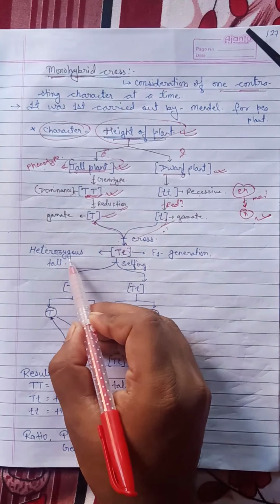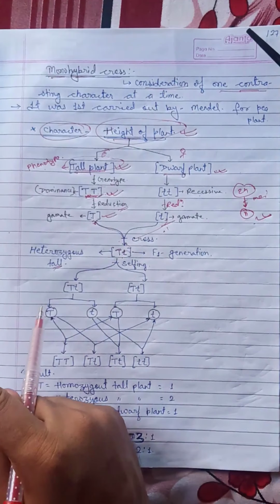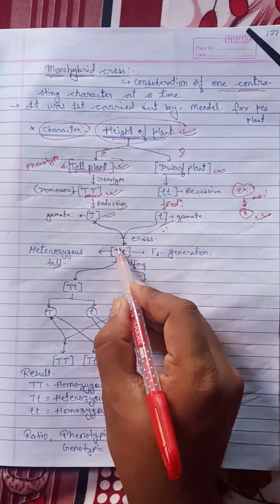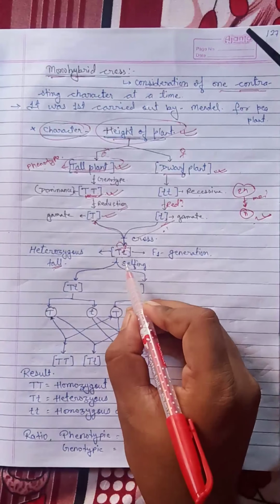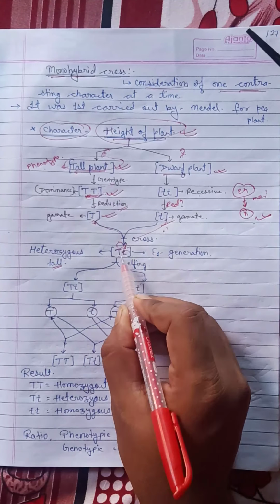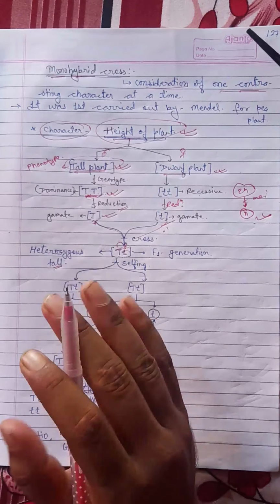It is also tall. I told you in the last segment of the video, it is dominant over small t. That's why it is phenotypically showing tallness. Is it okay?